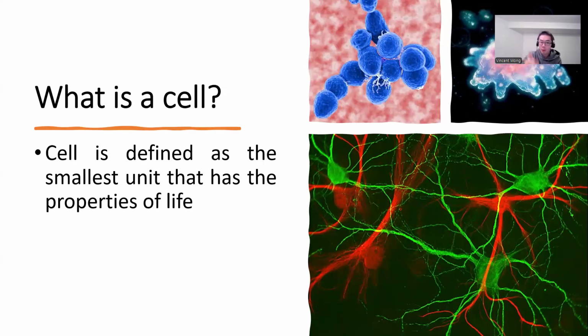If you go any smaller than a cell, they stop having those properties. If you look at an organelle, it no longer has all those properties, so it's not alive. So the cell is the smallest unit of a living thing, basically. All living things are made of cells. Doesn't matter if you are a human, a plant, a dog, a shark, a fungus, a mushroom. Everything is made up of cells if it's a living thing.